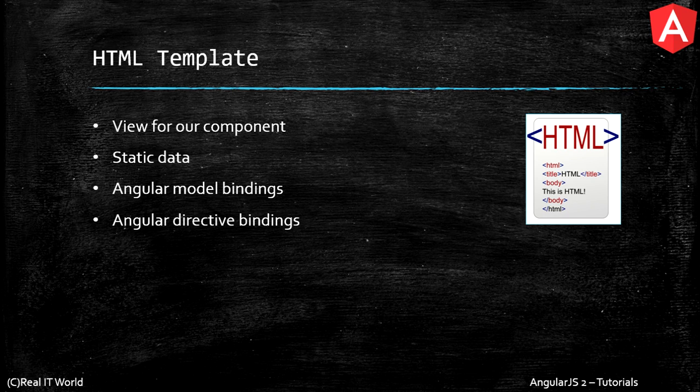So we can do that with this HTML template. And if you want to use any other directives inside this HTML view, we can do that with this HTML template in our component. So this HTML template is basically the view for our component.